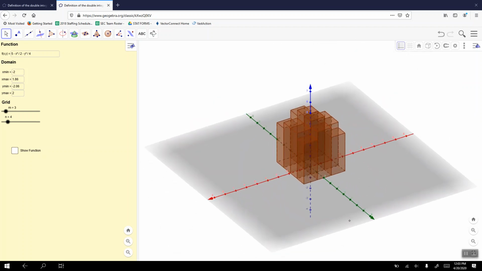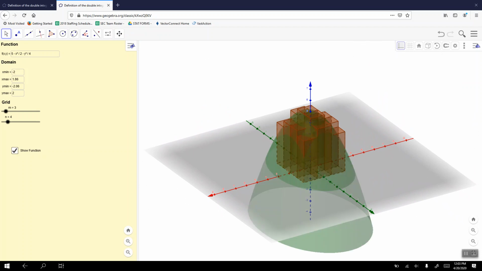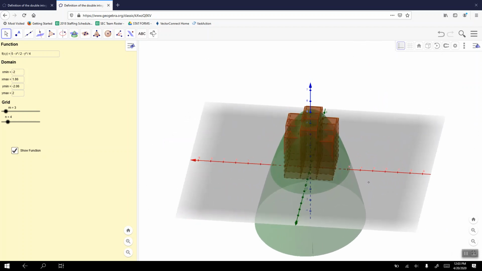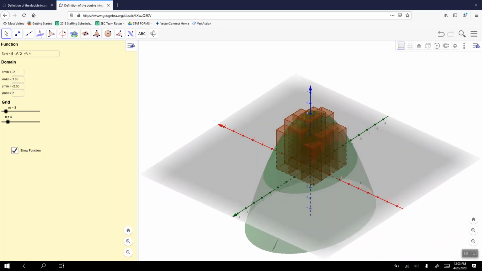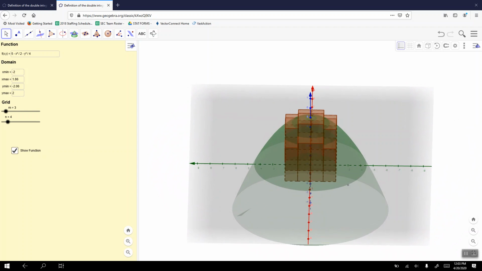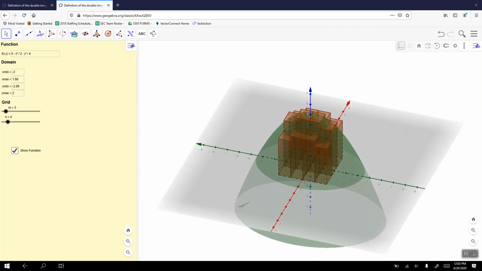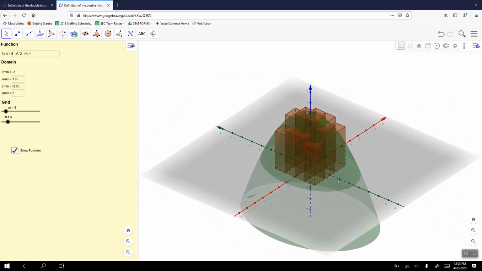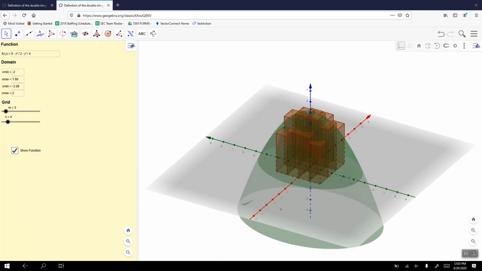What does that look like now? Let's show the function here. There we are. So each individual rectangle was pulled up to that specific height of the function. Again, that creates this rectangular box in R space 3.